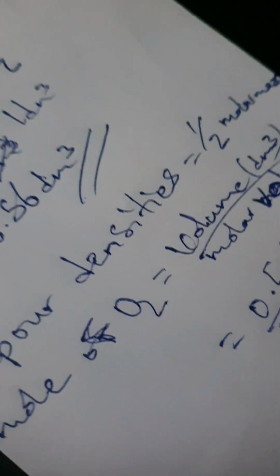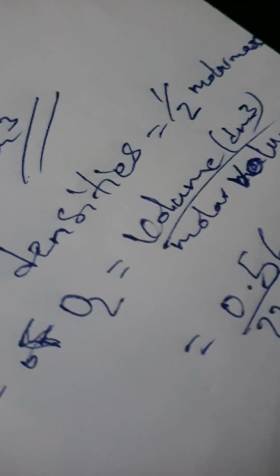The volume we have is 0.56 dm cube upon the molar volume, which at standard temperature is 22.4 dm cube. So dm cube cancels dm cube.